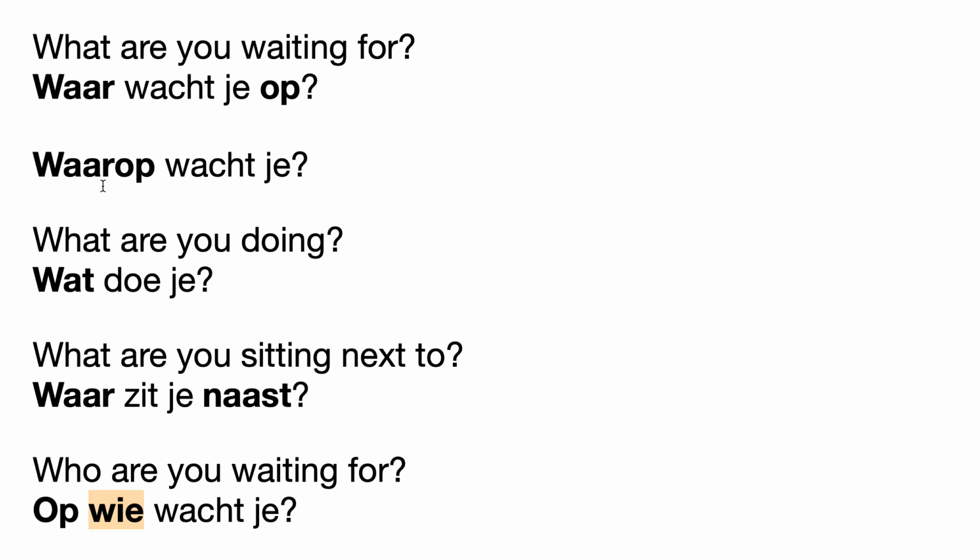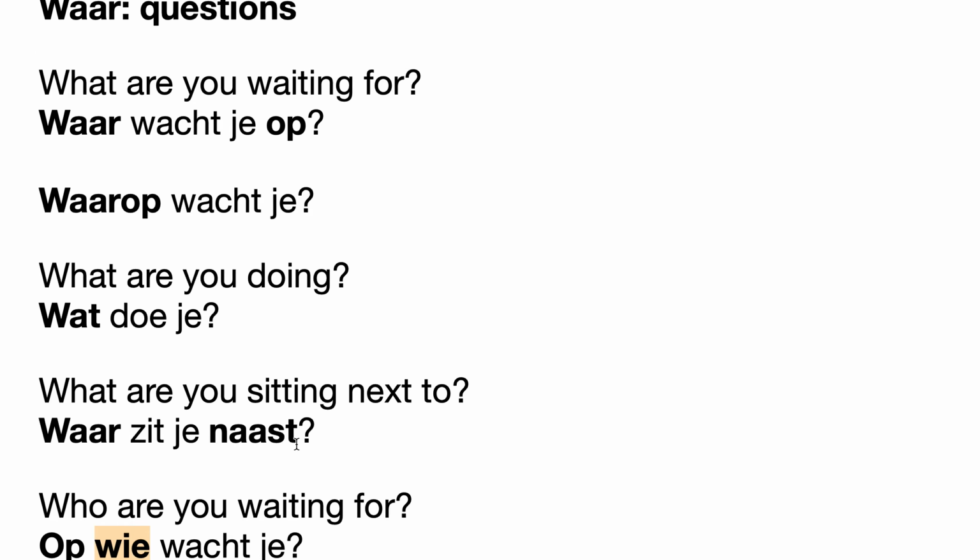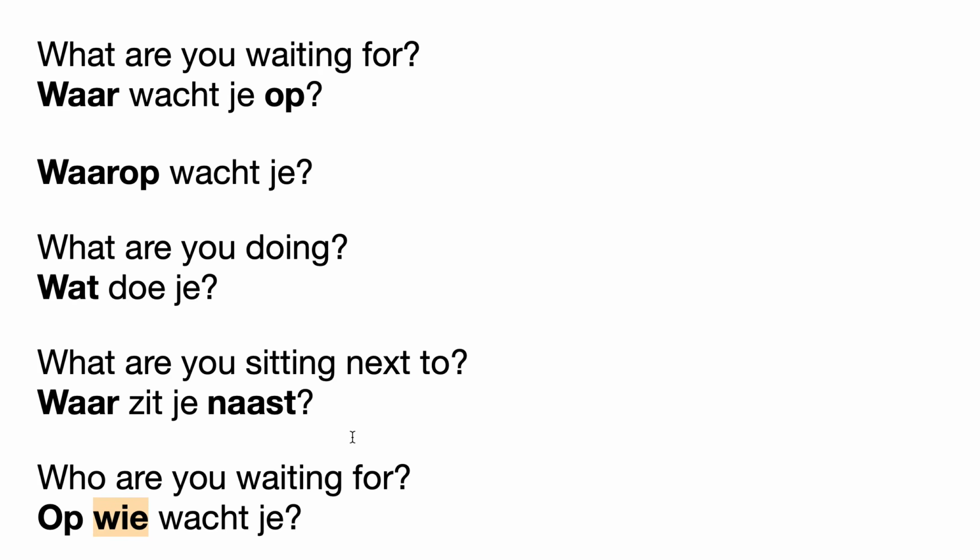For example, if you would be saying who are you watching, then it would become naar wie kijk je. So preposition and then the wie and then the rest of the sentence. This is the first case where you use waar plus a preposition, and then you simply have to use waar.